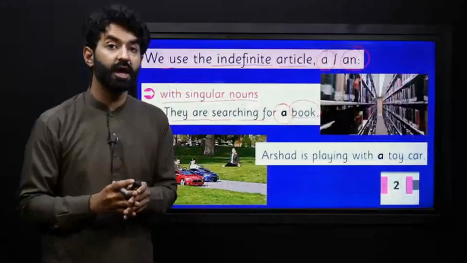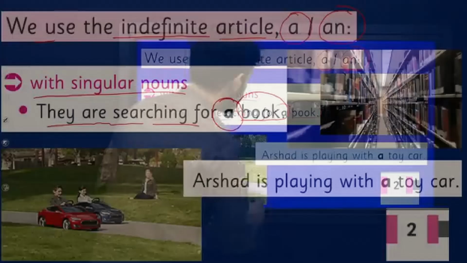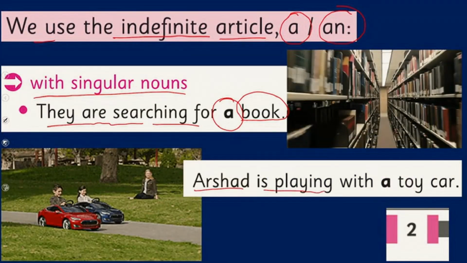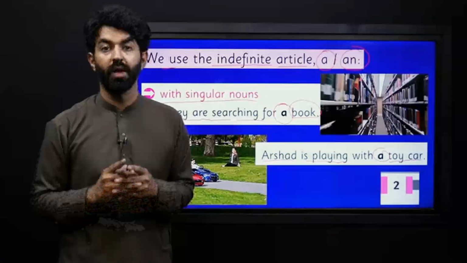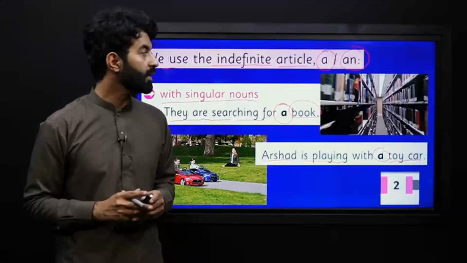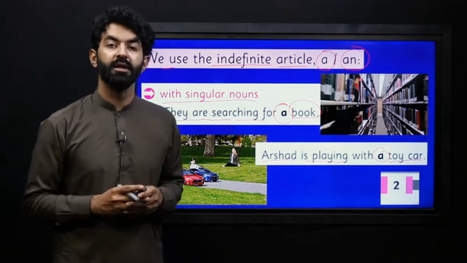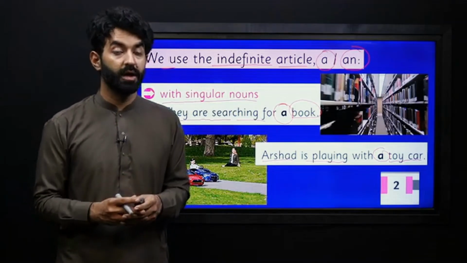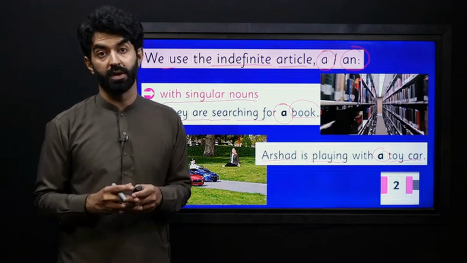That's why we are using a before it. Here, Arshad is playing with a toy car. We used a because we are talking about one toy car. So keep this in mind that this is how we use a with nouns that are singular.